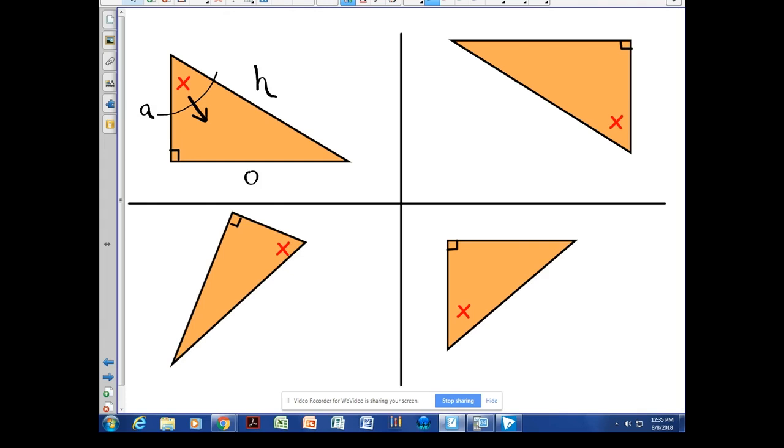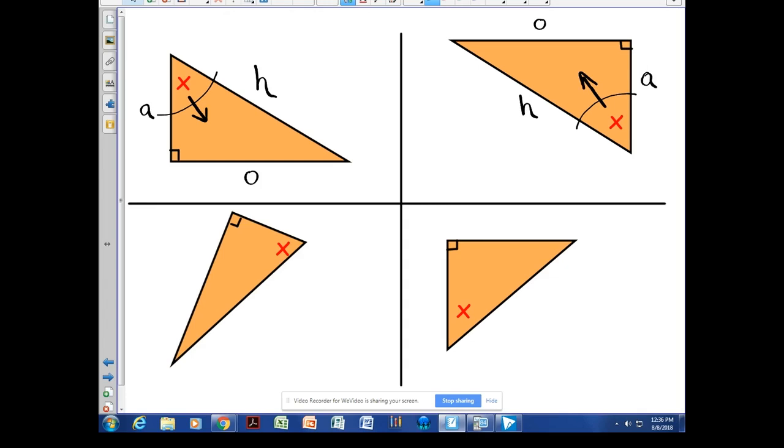Let's look at the problem in the upper right corner. You can see that right triangles can often be rotated in different ways, but that doesn't stop us from correctly labeling this triangle. Here's my angle, there's my bow, there's my arrow. So this side is going to be my opposite. The diagonal across from my right angle will always be my hypotenuse, and the other leg is my adjacent.